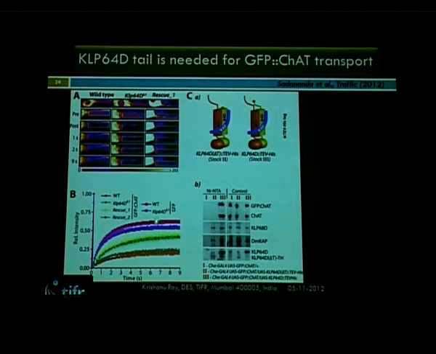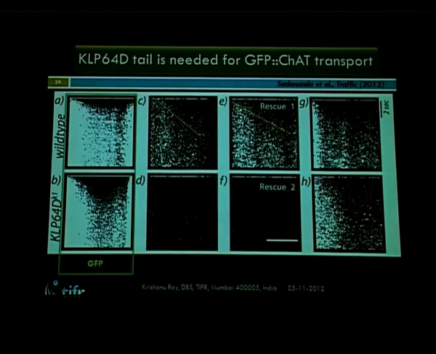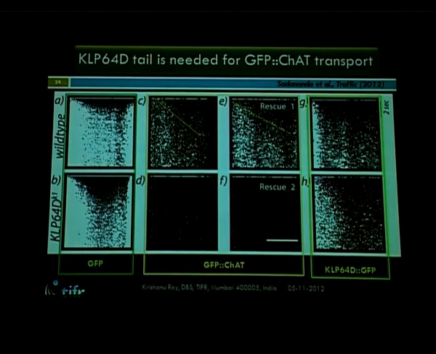And this recovery rate is much smaller than the regular recovery of diffusive GFP. So this suggested that kinesin 2 directly interacts with choline acetyltransferase through one of its tail domains, and this interaction is critical for its movement in the axon.